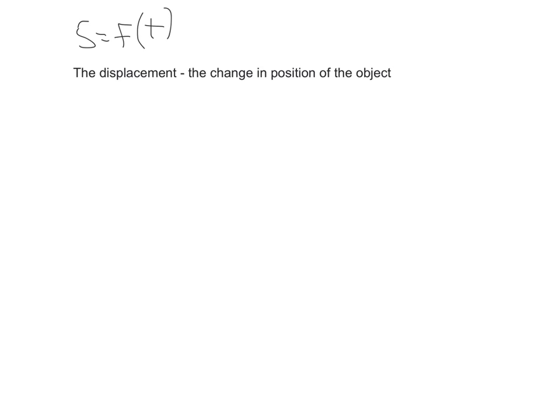So the change in position of the object over the time interval from t to t plus the change in the time. So our definition of displacement, the displacement of a particle, is f of t plus delta t minus f of t.